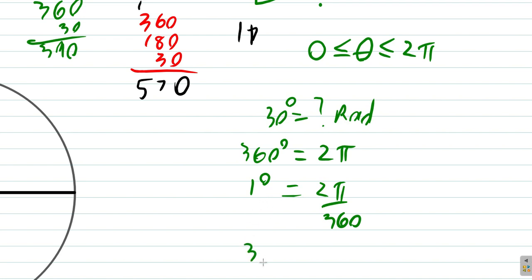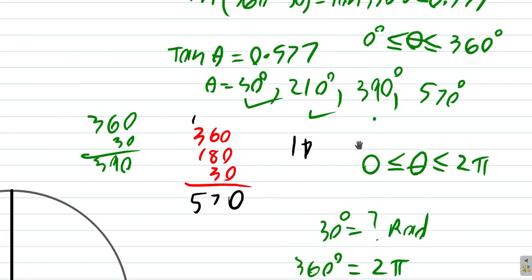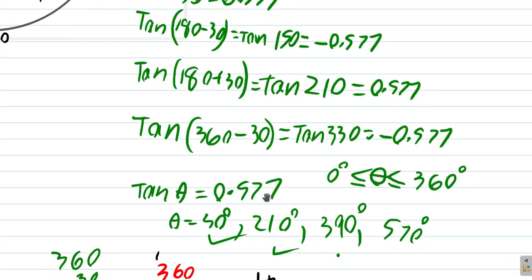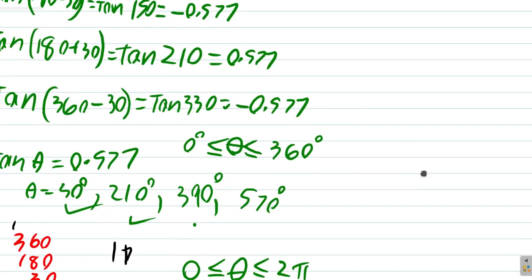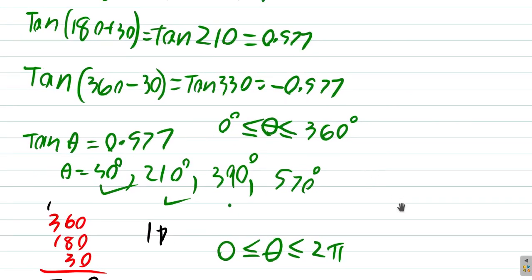Multiply the 1 by 30 to get 30, so 30 degrees is 2 pi times 30 over 360 radians, and you work that out. For the 210 degrees, it will be 2 pi times 210 over 360. So we found some of the angles using the unit circle.